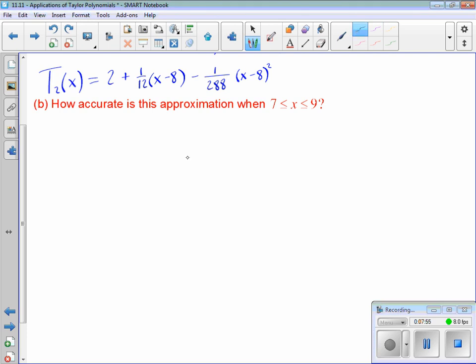So let's write a few things here. When we're doing this, let's write what was on the first page.